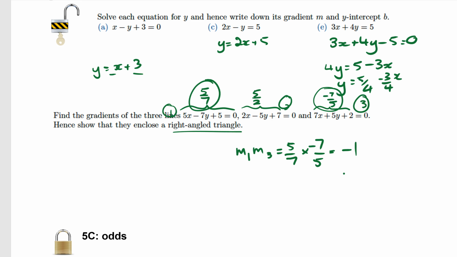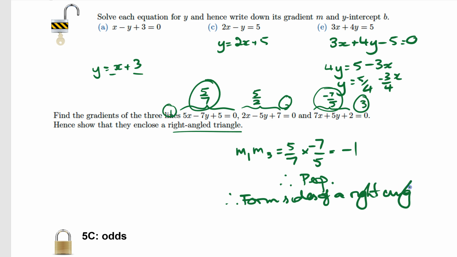Therefore they're perpendicular, therefore they form the sides of a right angle triangle, and the other one, because it's at an angle to both of them, must intercept both 1 and 3 at some point, and therefore enclose the right angle triangle. So have a go at 5C.